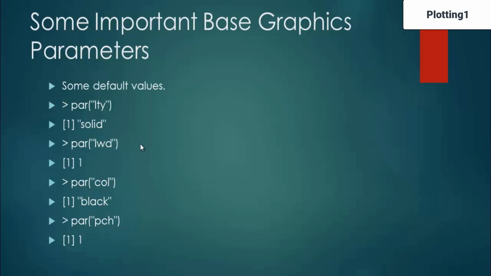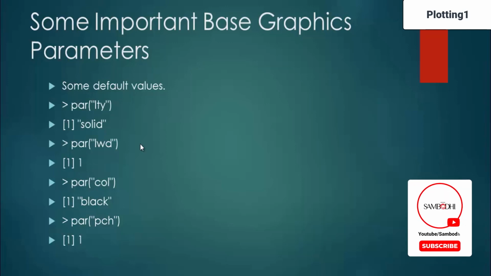The same way, if you do par of line width, you'll get 1. The default line width is 1, and par of COL is black, which means the default color is black, and par of PCH is 1, which means the default is an open circle.